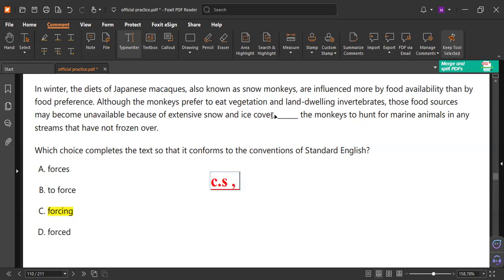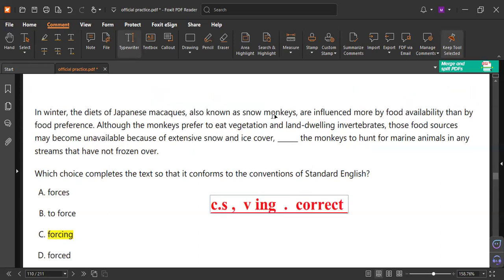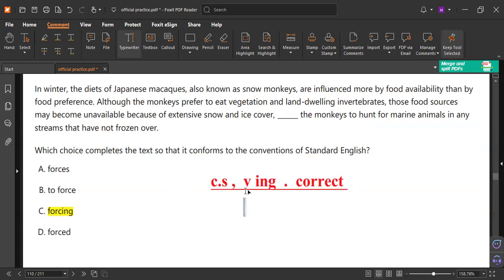And after it, I can add verb plus ing to add another present participle phrase and then a full stop, and that is correct. That's why we need verb plus ing. We have comma and verb plus ing. So use this structure if you're confused about this kind of question. Right? Yes.